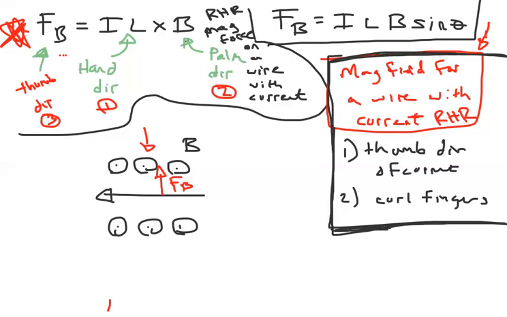I don't know if that's what you were referring to. I don't know if I'm understanding your question correctly, but yeah, this is the right-hand rule for mag force. That's what you're asking, right?